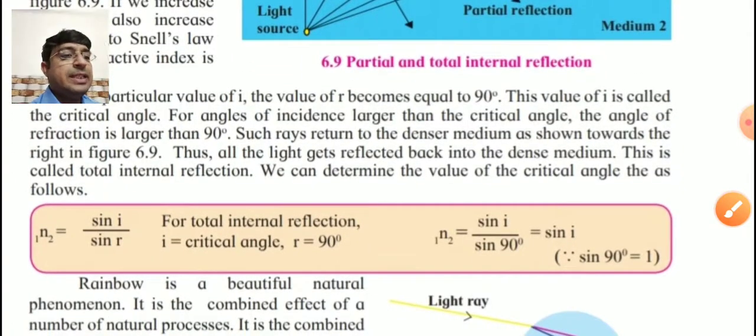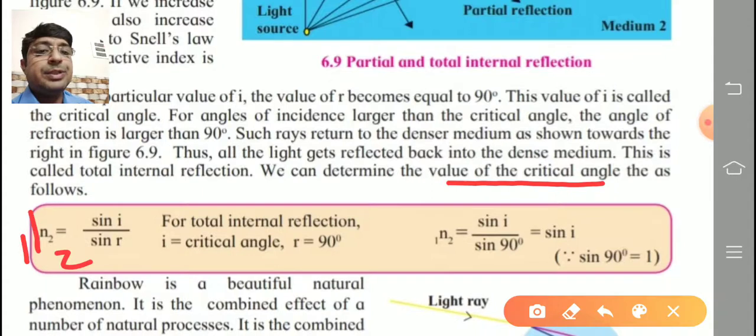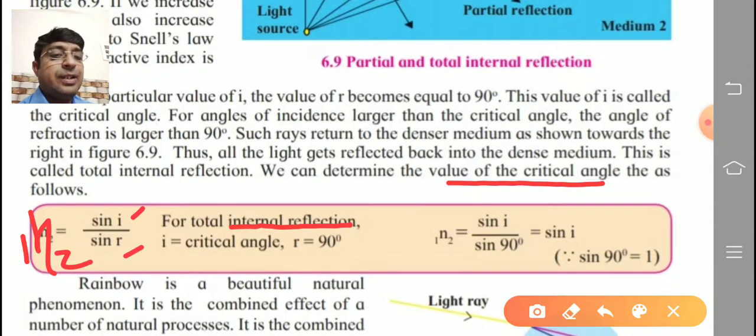We can determine the value of the critical angle by using this formula. The refractive index of the first medium with respect to the second is sin i upon sin r. For total internal reflection, i means the critical angle.